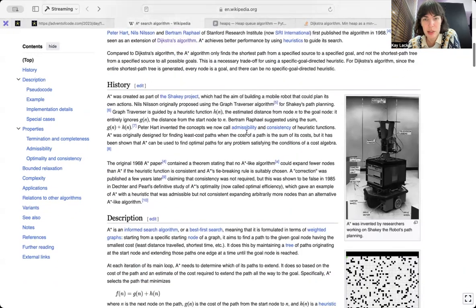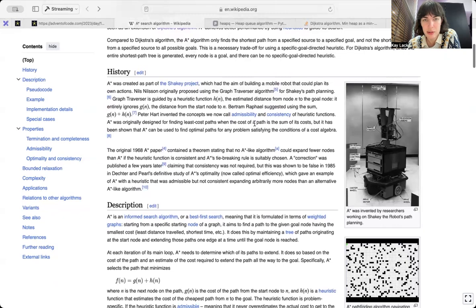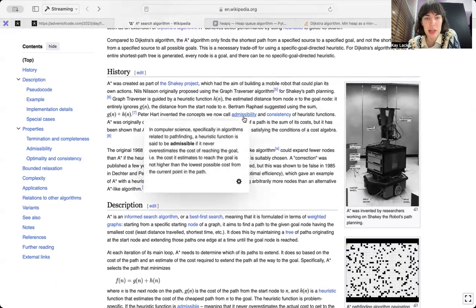or not a rule, but we need to, if we want to guarantee that we're going to find the best path through, that's the cheapest path through, and that's our task after all, we need to make sure that the heuristic is what's called admissible. It never overestimates the cost of reaching the goal.